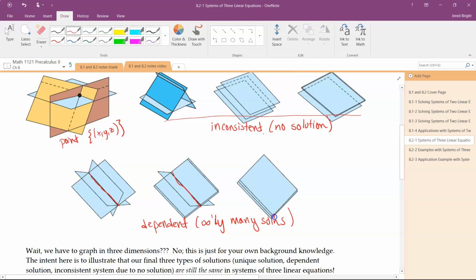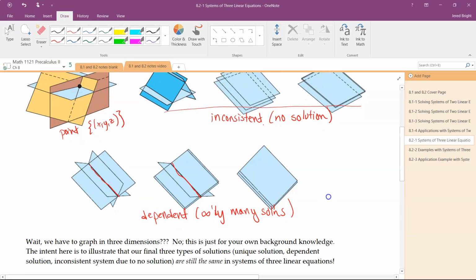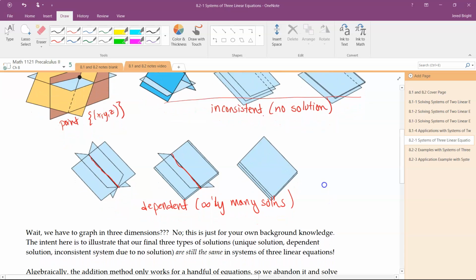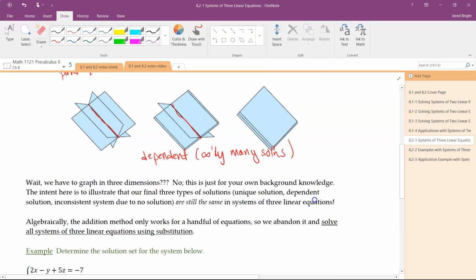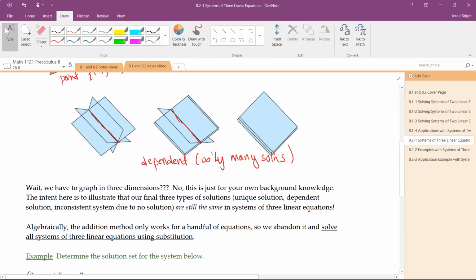Okay, so just something to bear in mind as you go forward. We still have the same 3 general buckets of types of answers, but what they look like is vastly different. Okay, and that's from a graphical perspective. So it didn't change, but it changed.